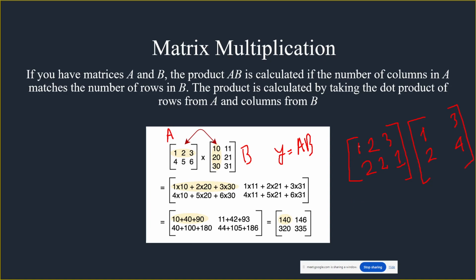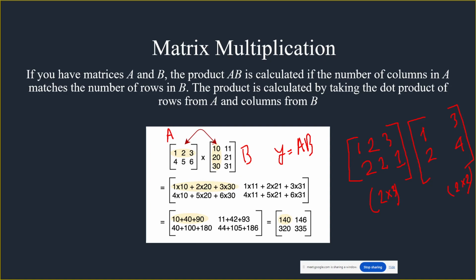Here we are seeing a 2 by 3 matrix, a 2 by 3 matrix, and here we have a 2 by 2 matrix. If the number of columns does not match the number of rows, you can't multiply them.